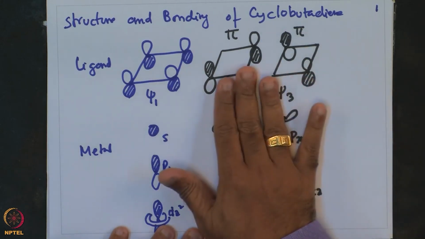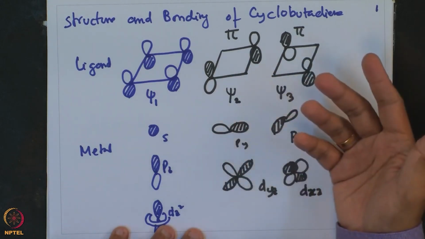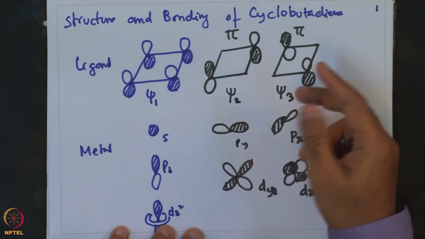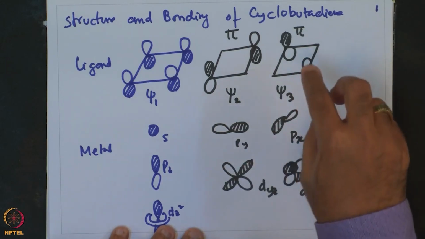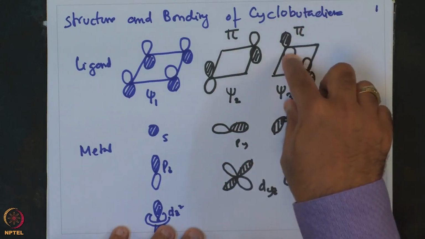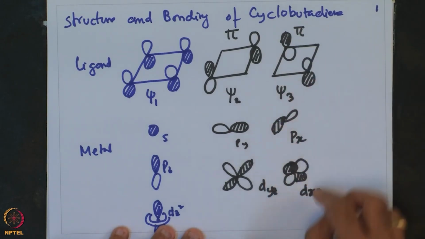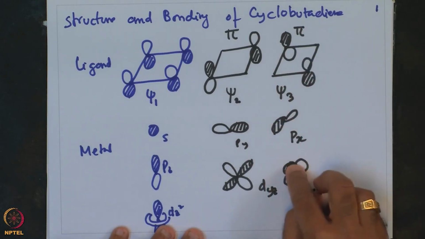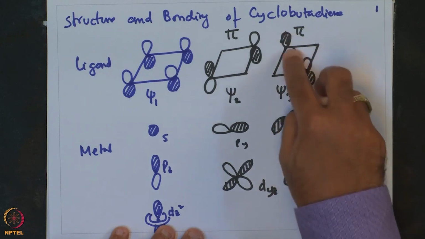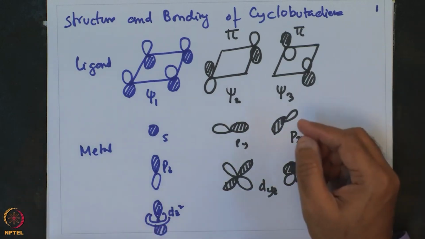Now as psi 2 and psi 3 are degenerate, they are complementary to each other, and similarly one can envision likewise kind of interaction, pi type, when this lobe interacts with that, and this will be for the dxz orbital, and likewise these two orbitals will interact with these two orbitals for the dxz.